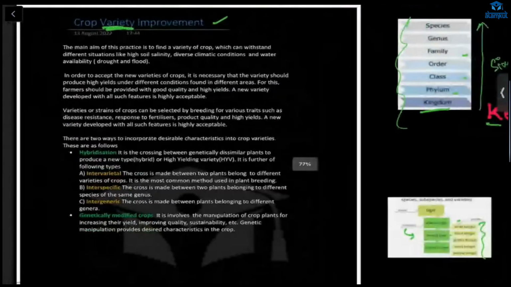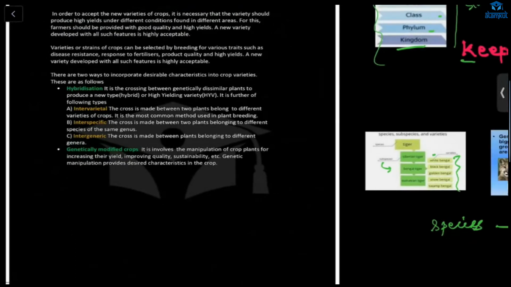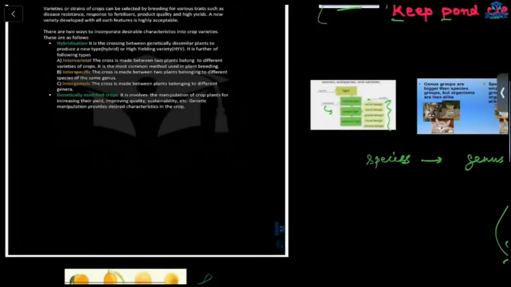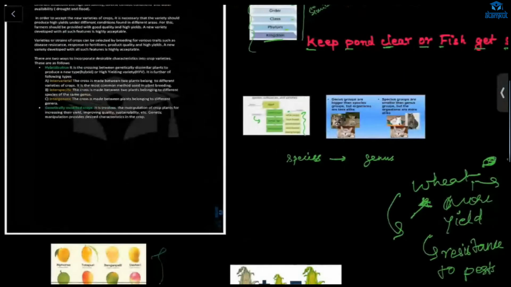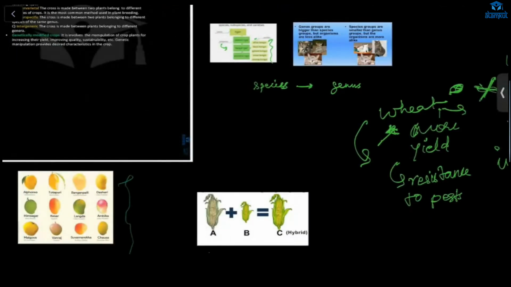Now there are mostly two ways to improve. First is hybridization. What is that? We will take genetically dissimilar crops and make them into a hybrid. They will be the same crop, only the DNA sequence inside will be different.